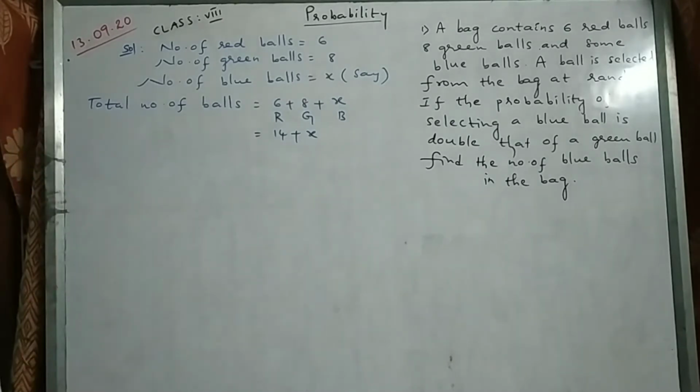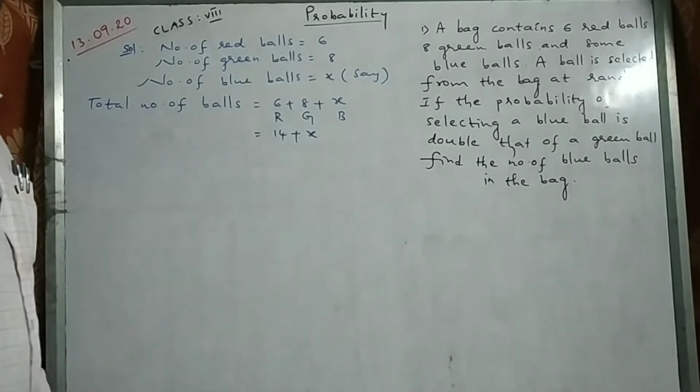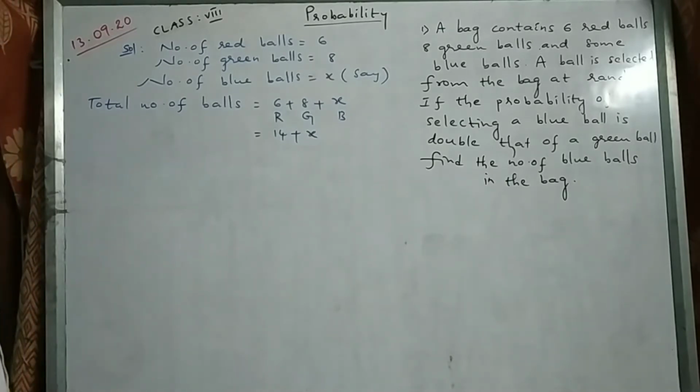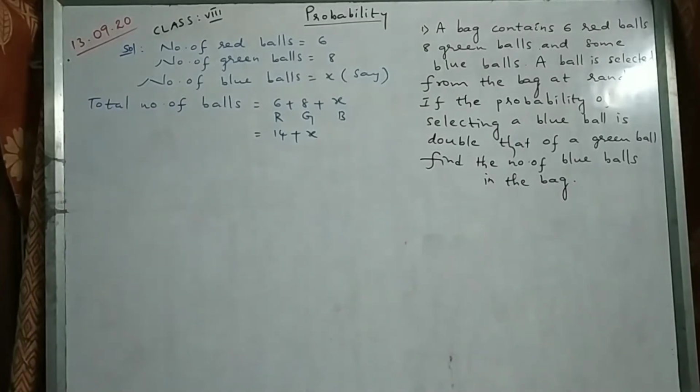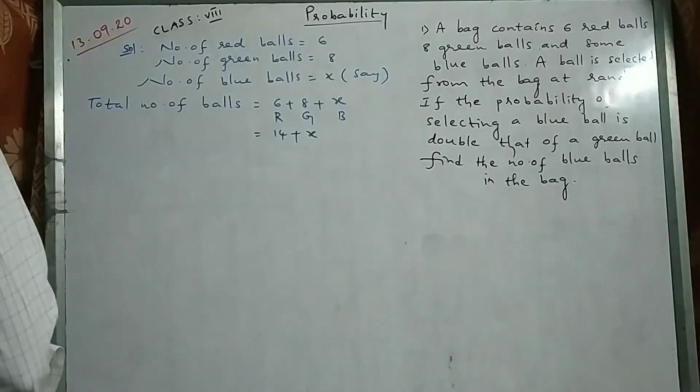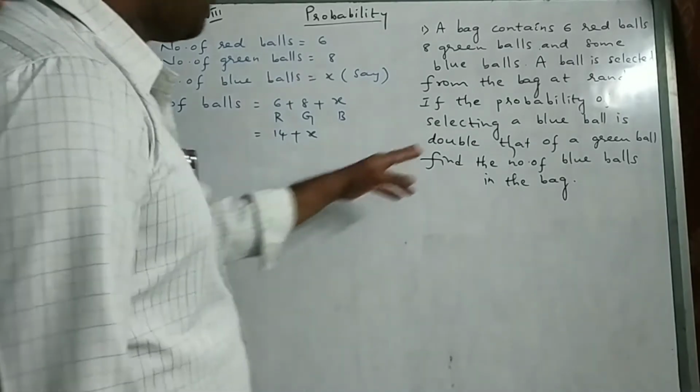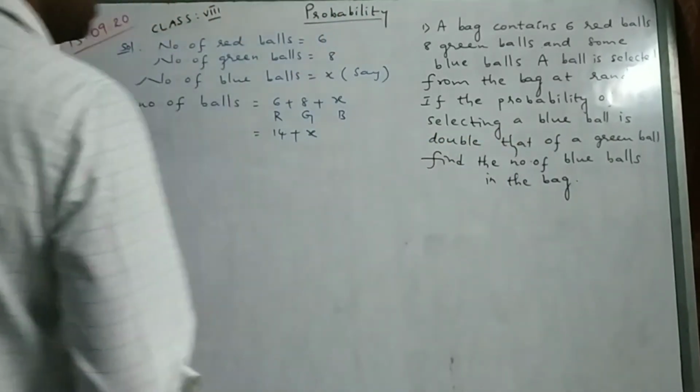Why did I find the total number of balls? Because the probability of an event is equal to total number of favorable outcomes by total number of possible outcomes. So here, first we have to find the probability of selecting a blue ball.